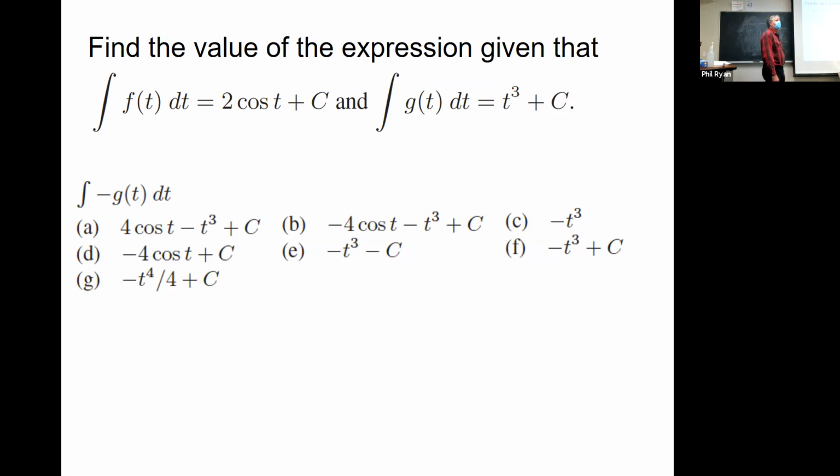So the antiderivative of negative something is negative the antiderivative. So the answer is E. Exactly right. So again, this would be 100% correct. This would be 99% correct. And this would be like 50% correct. The others would be totally wrong.